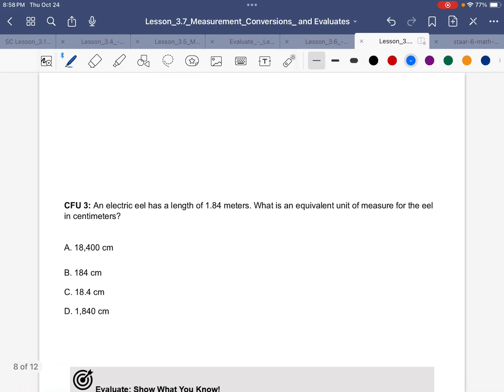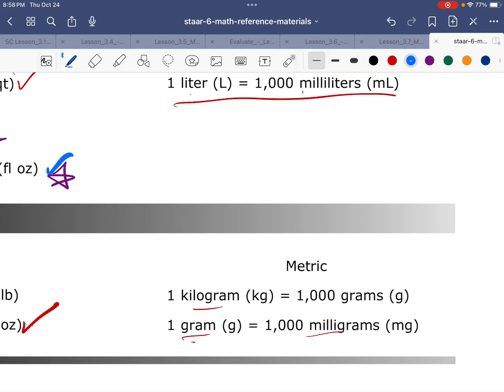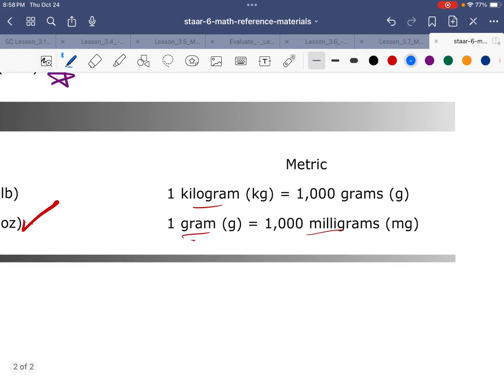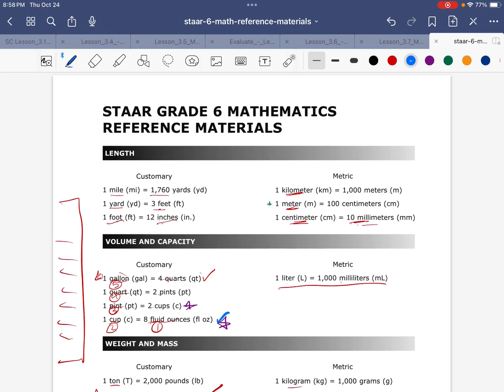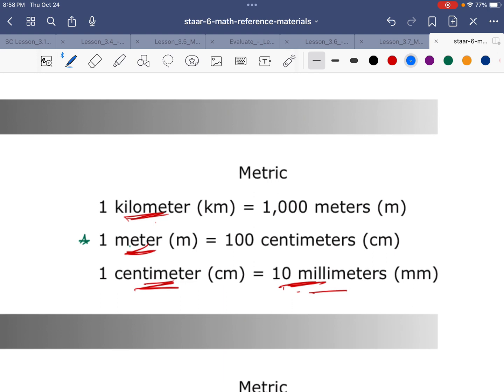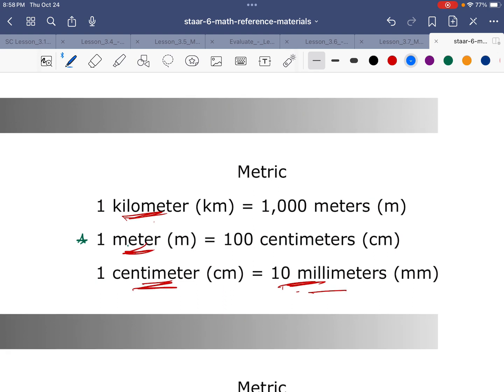All right. An electric eel has a length of 1.84 meters. What is the equivalent in centimeters? So meters to centimeters. Right here again.